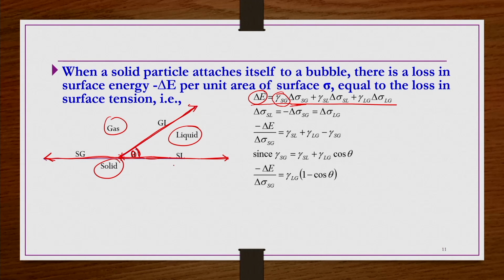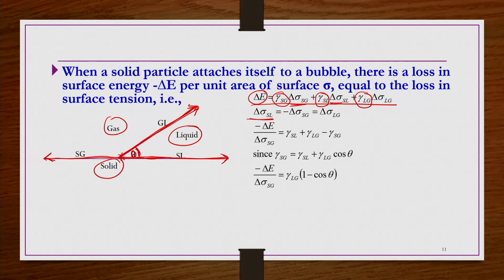And then the interfacial tension between the solid and liquid phases is gamma Sl multiplied by the surface area between these two interfaces, delta sigma Sl, plus the interfacial tension between the gas and liquid phases, gamma Lg, multiplied by the surface area delta sigma Lg.